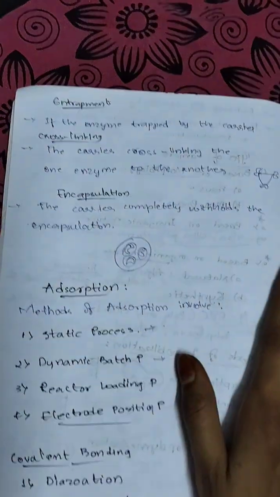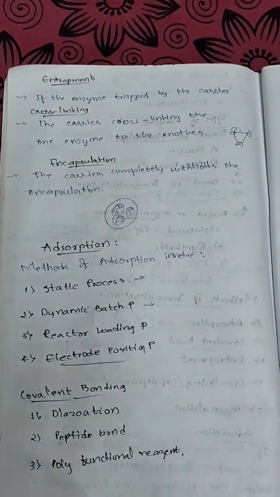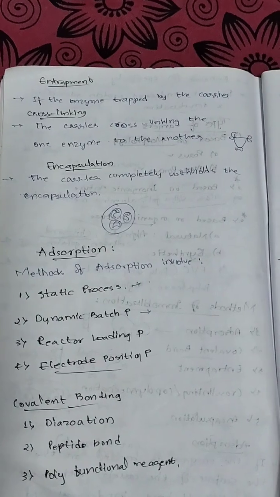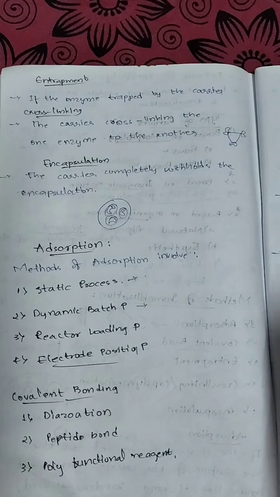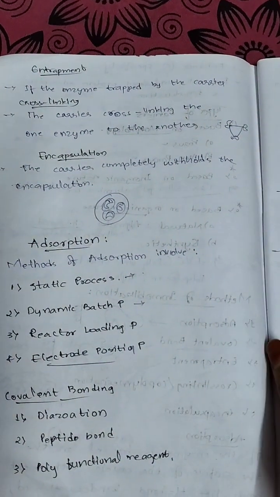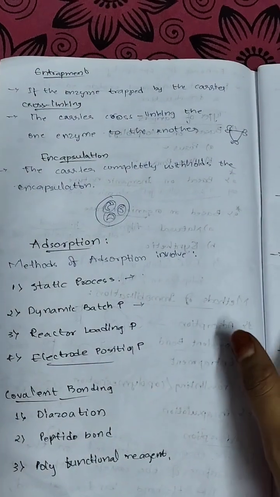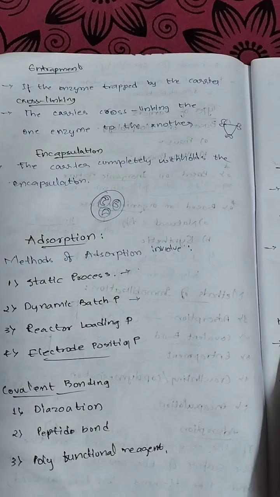Now, adsorption is further divided into four processes: static process, dynamic process, reactor loading process, and electrode position process.